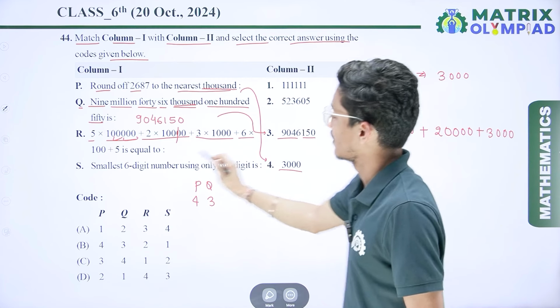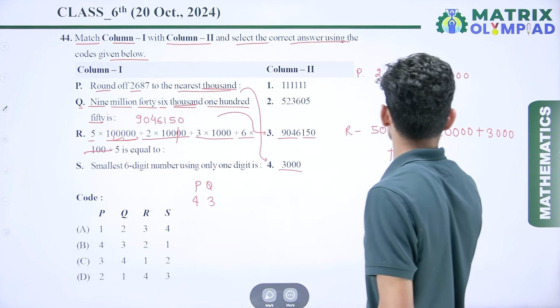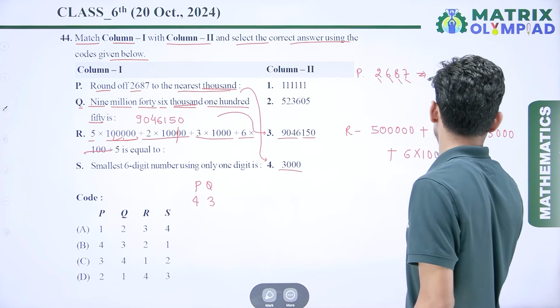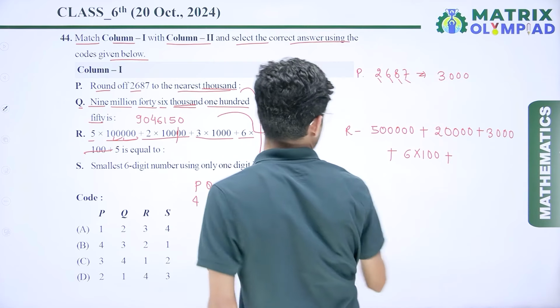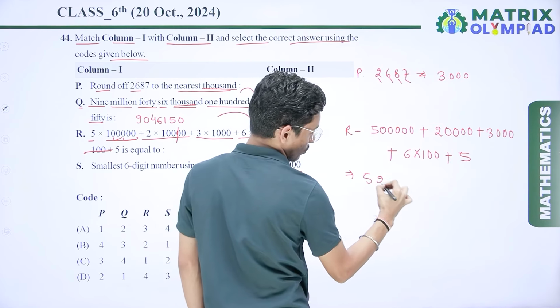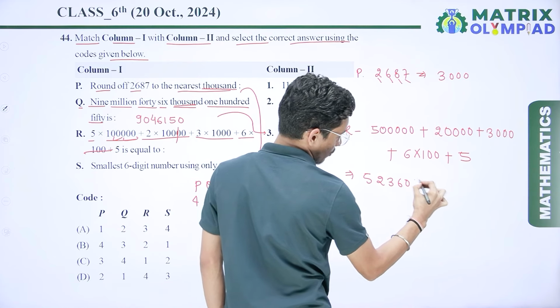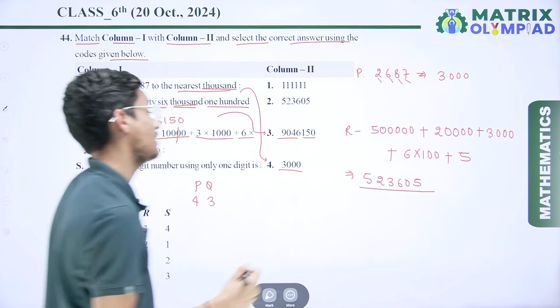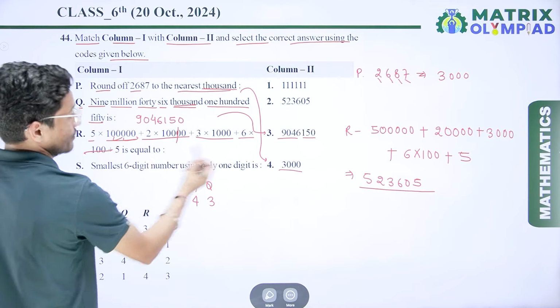Plus 6 multiplied by 100, and the last one, that is 5. If I add all these numbers, I get 523,605. So 523,605. Check where is 523.